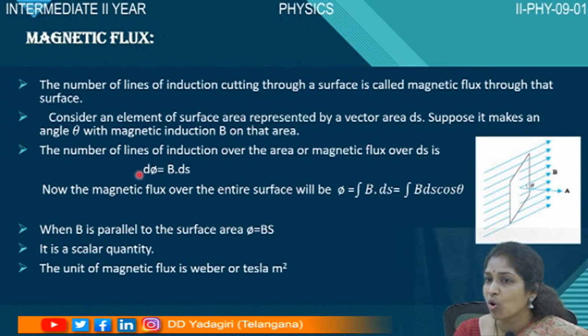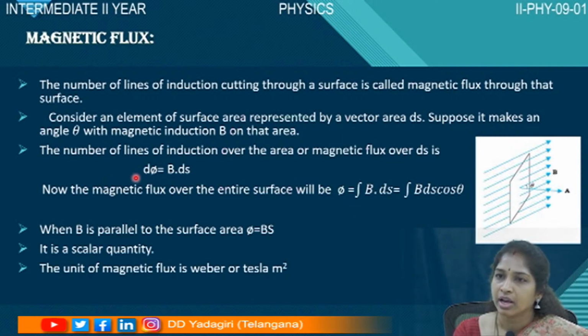If you know the flux due to the small area element, we can find the total flux. How? We can add the flux due to each and every element. Instead of adding, the summation can be replaced by integration.